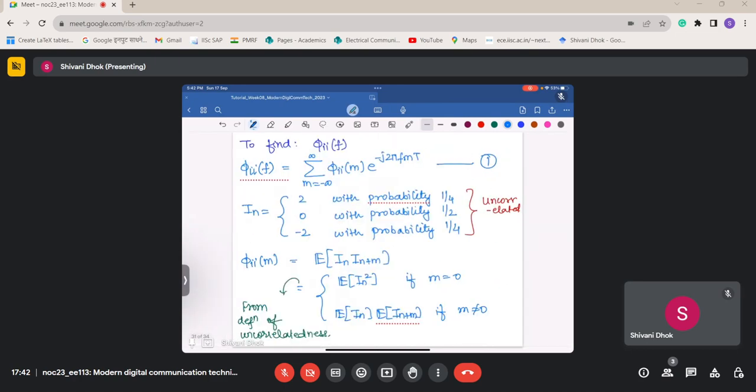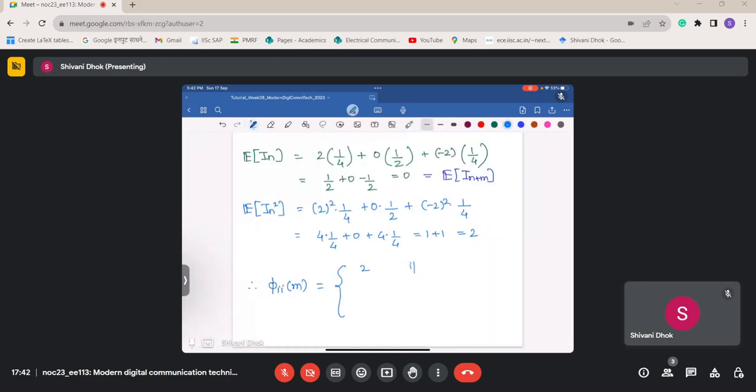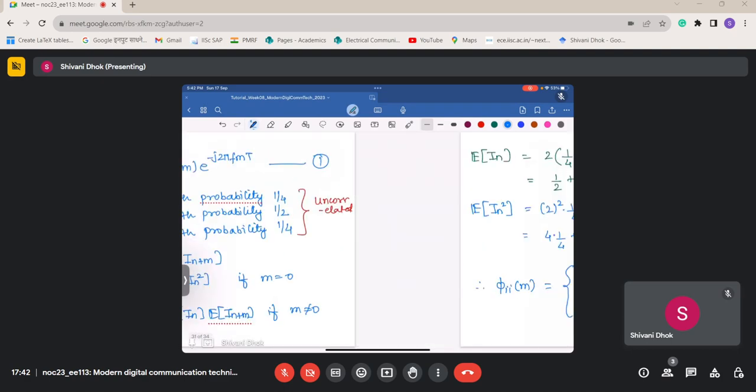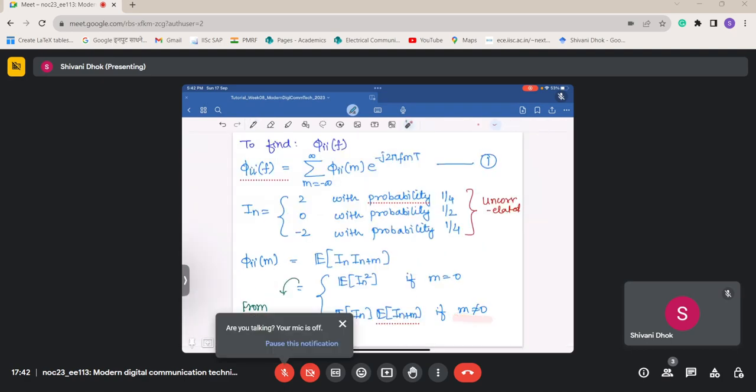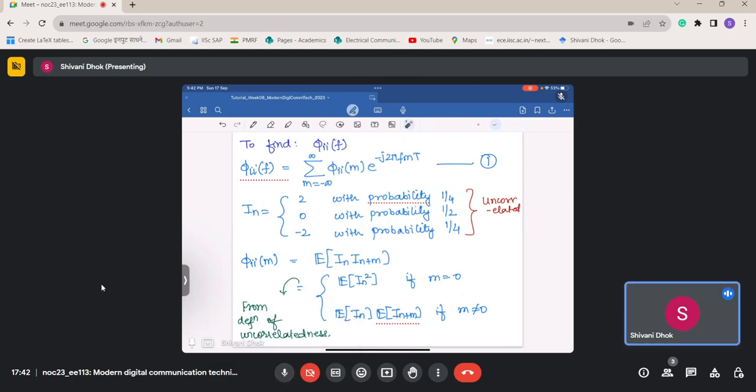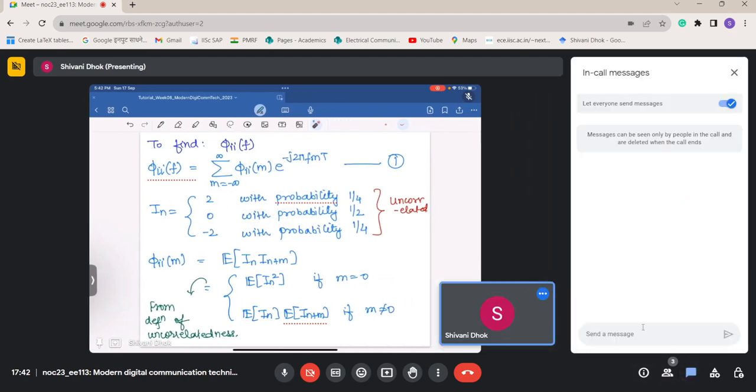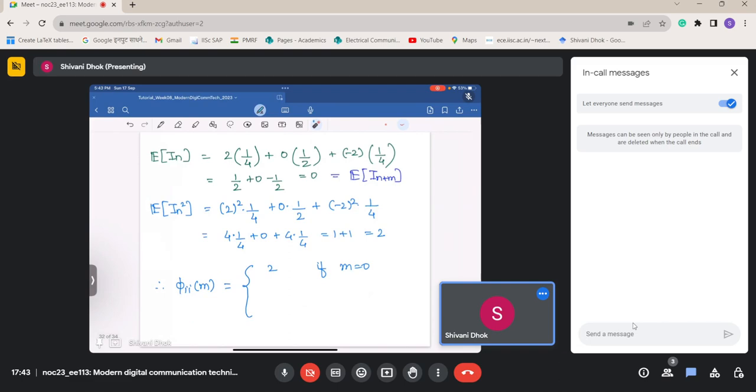See, for m equal to 0, this is only expectation of I n square, which comes out to be equal to 2 if m is equal to 0, and when m is not equal to 0, this is simply 0.